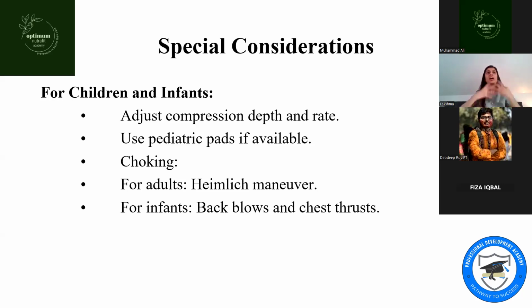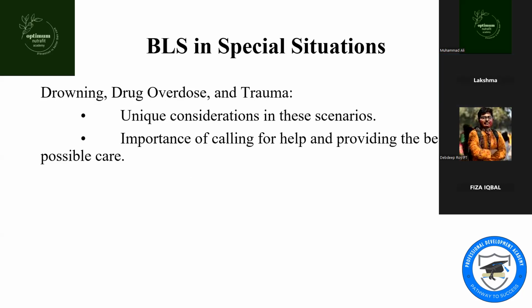Always check after every thrust whether any foreign body is coming out of their mouth. This is the Heimlich maneuver which we use in adults. Is that all clear? Okay, can we jump to the next slide?